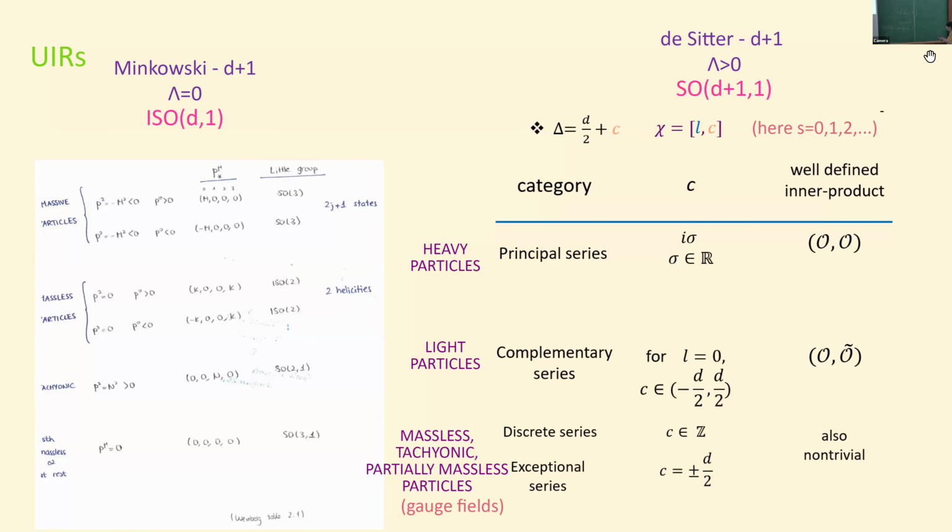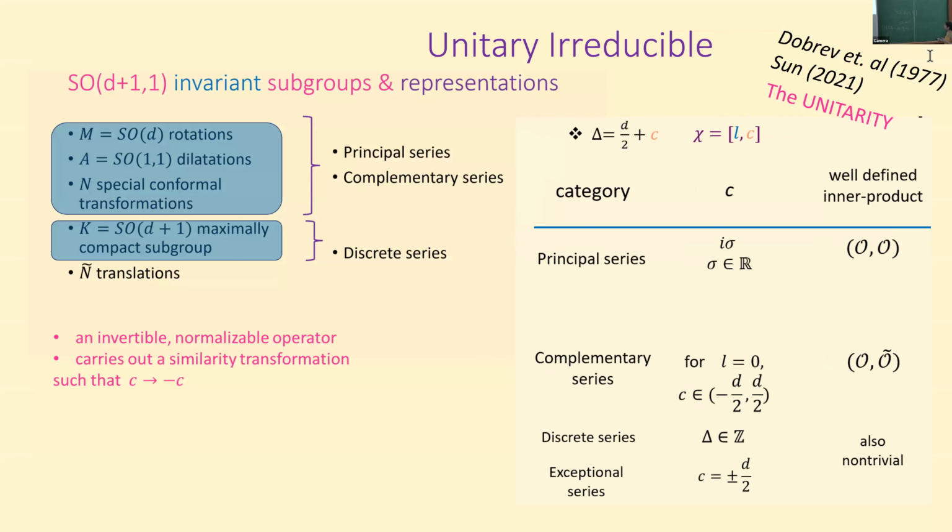What happens is, for unitarity, you want an inner product that is preserved under all the de Sitter transformations. The way the mathematicians write this is in terms of function spaces. They tell how the functions transform under the transformations.